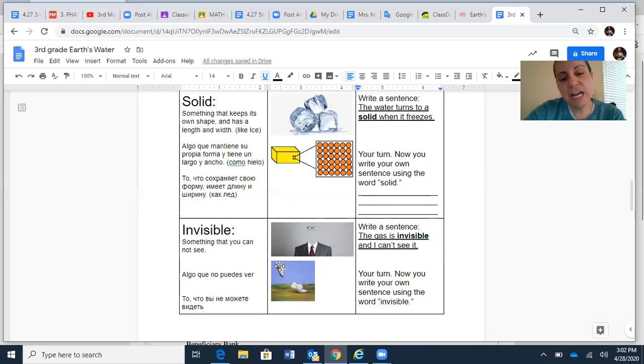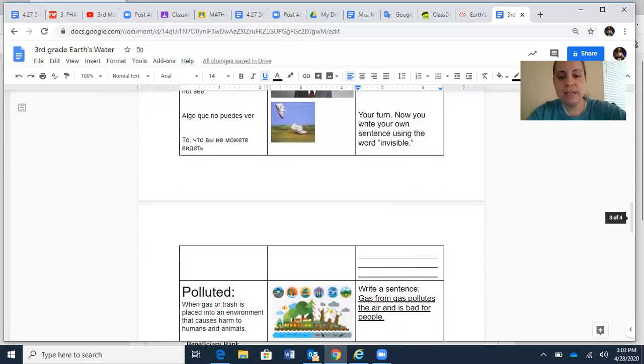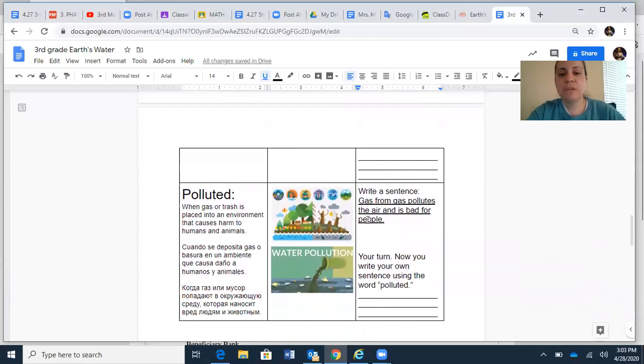Same thing down here. I see a kid running with their shoes, but I don't see the kid. She is invisible. Here's my sentence. The gas is invisible and I can't see it. Now it's your turn to write your sentence. The lines are down here on the next page. Write your sentence for invisible.